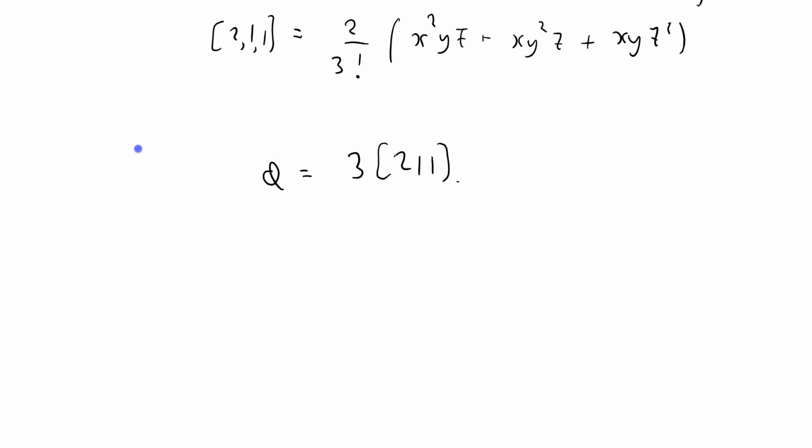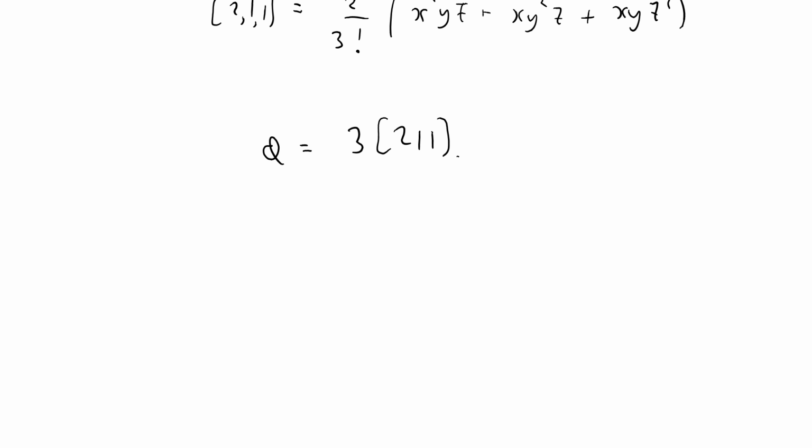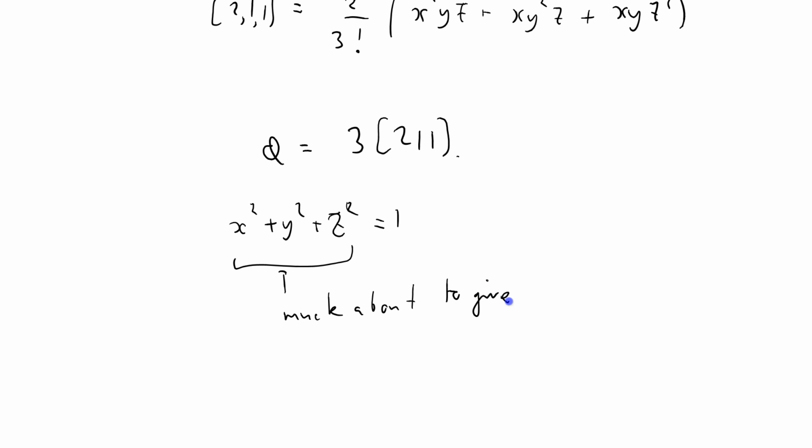Now, the overall point is I'm going to take the restriction x squared plus y squared plus z squared equals 1, and I'm going to muck around with this to give terms like 2, 1, 1 or Muirhead type expressions.